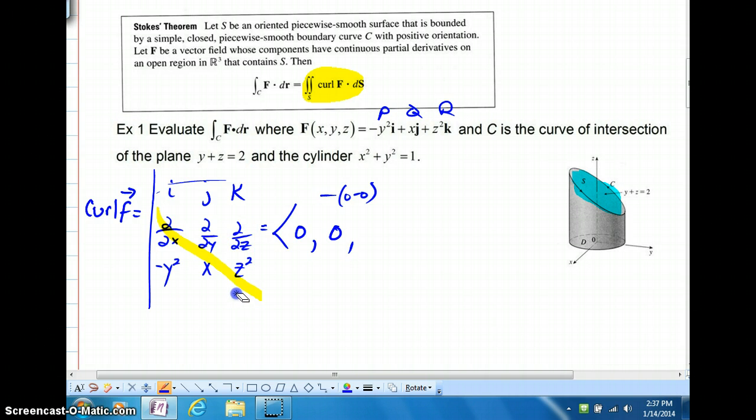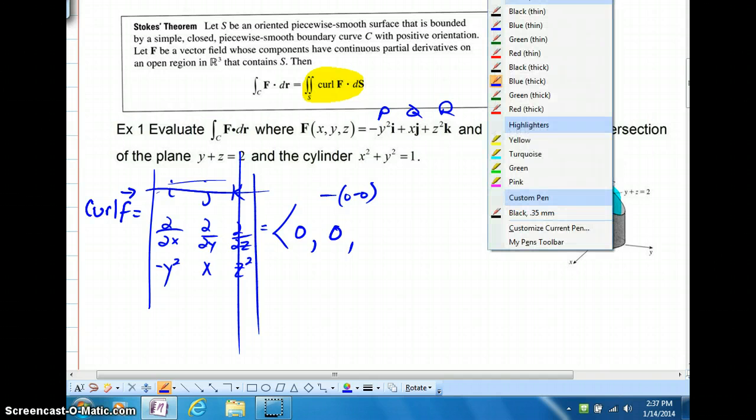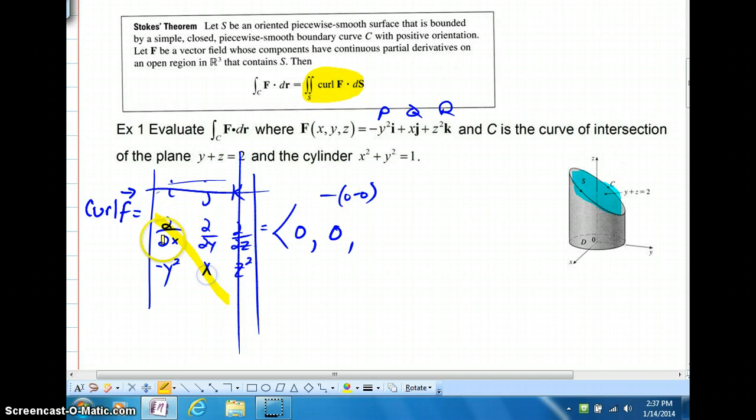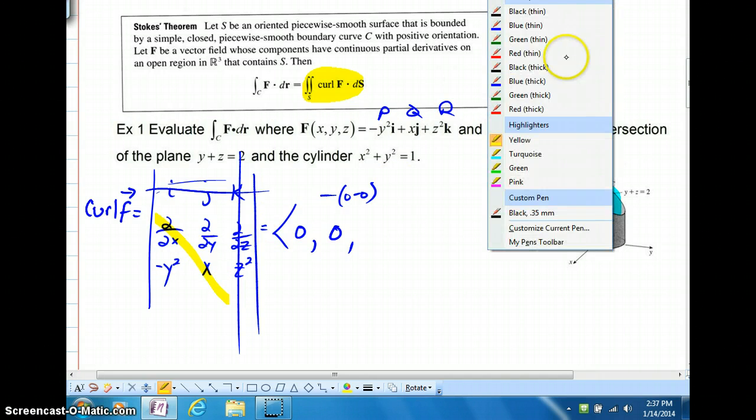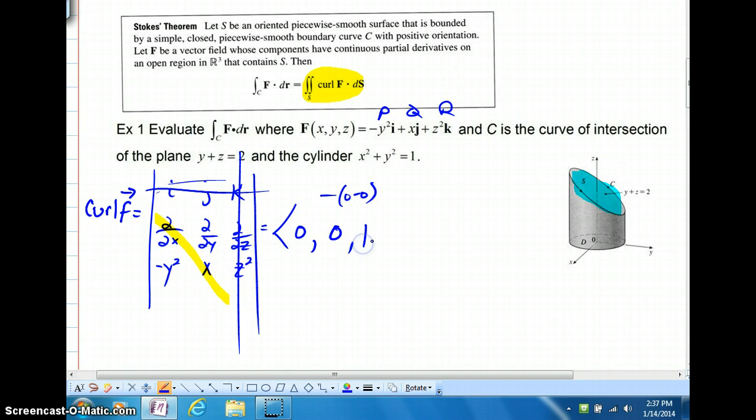Sometimes kids are like, will the last component of the curl vector also be 0? Well, we don't know. Let's see. This is going to be different, isn't it? Thank goodness. Didn't want this to be too boring. We've got the partial derivative of x with respect to x. That's 1.